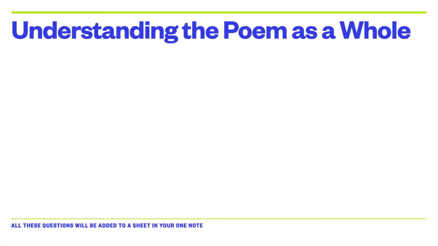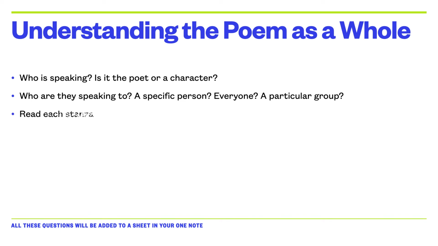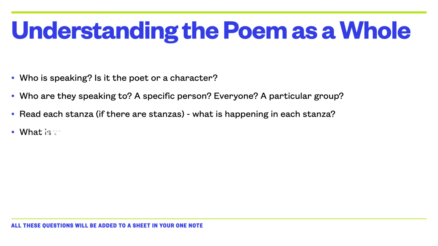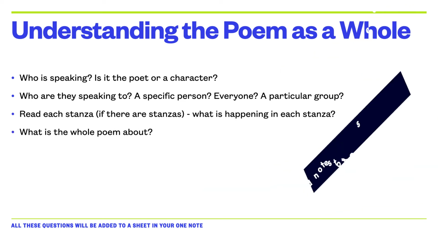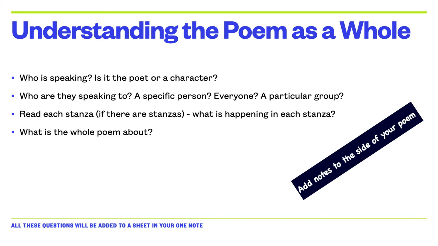So, understanding the poem as a whole. These are the questions that I want you to think about, okay? So what I want you to do is look at the poems, and for each of those poems, work out who is speaking. Is it the poet, or did the poet create a character? Who are they speaking to?